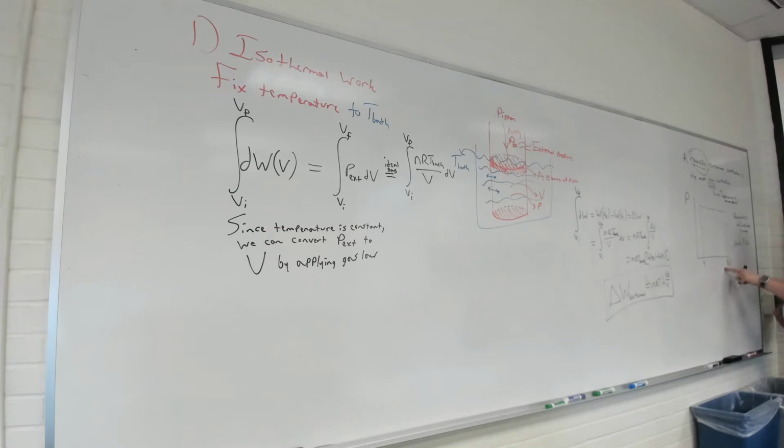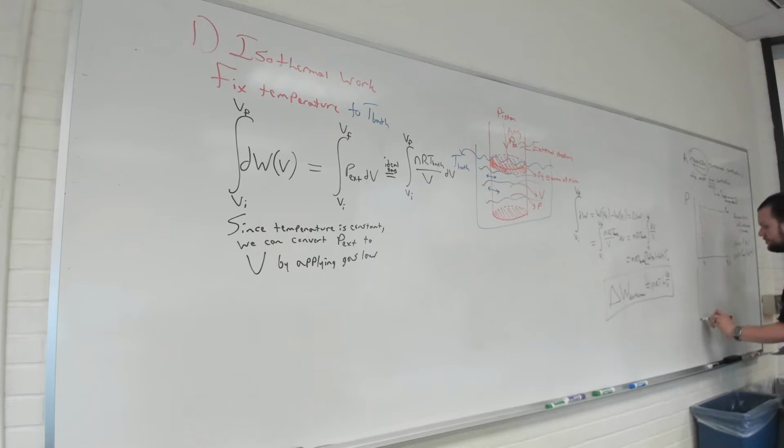So delta W is P, whatever this initial pressure is, we'll call this P initial, times the change in volume, which is VF minus VI. Right? This is just the area here. This is the irreversible area. So when you blow the top off, the amount of work that it does is the difference in volume times the pressure. So it's the area of this square.